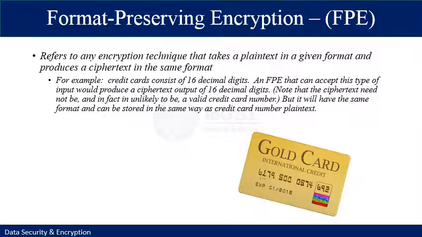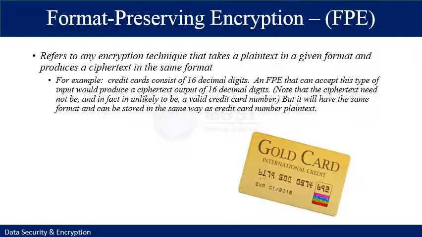So another important encryption algorithm is format preserving encryption. It refers to any encryption technique that takes a plain text in a given format and produces the ciphertext in the same format. For example, a credit card consists of 16 decimal digits.